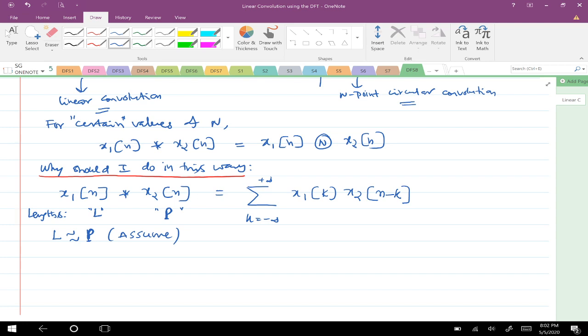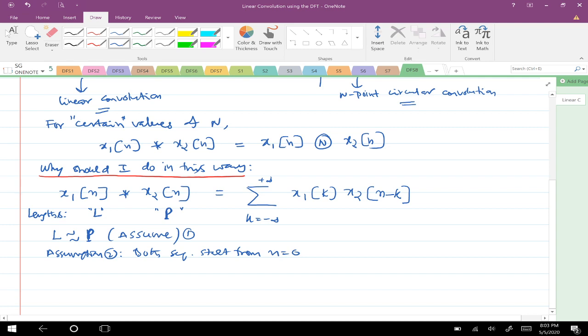Not really. Let me also assume, this is assumption 1, and assumption 2 would be that both sequences start from n equal to 0. This is not at all a problem.